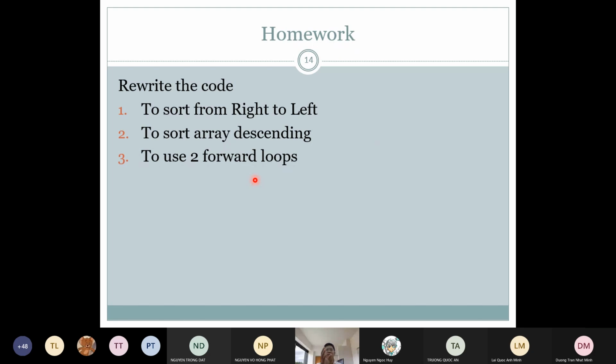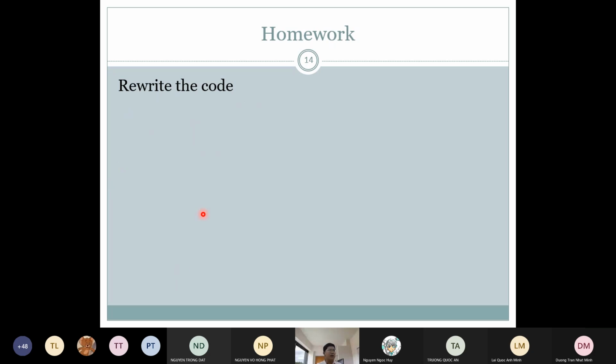It should be from 0 to n-1, and the second one from 0 to n-1 or something. So there are two other exercises. Please do them at home. And if you still have any problem with this one, you can always ask questions. Is it clear, everyone, as a solution?